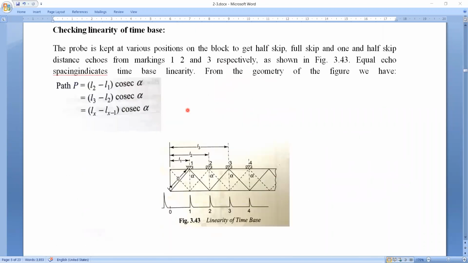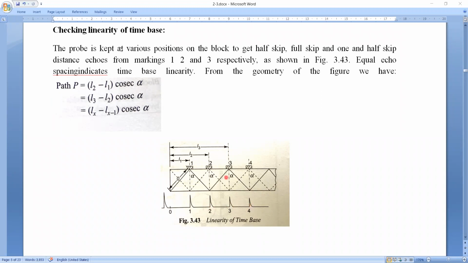Now we see this. We are testing the performance of the block. First one is checking linearity. Here we are sending the shear wave inside this block, and we get different echoes. Now we see the distance between these echoes. Suppose the distances between the echoes are equal.